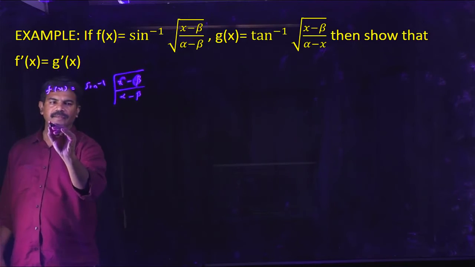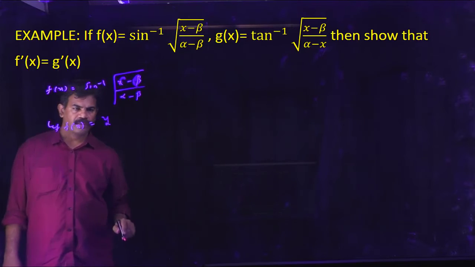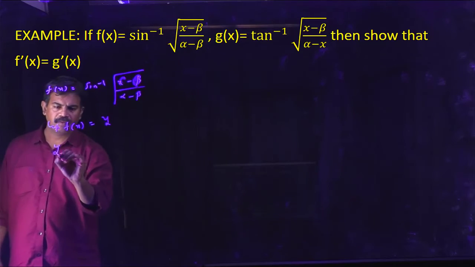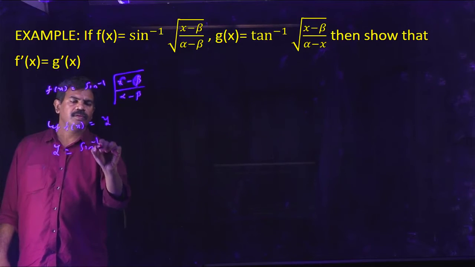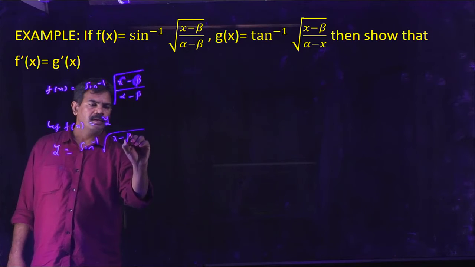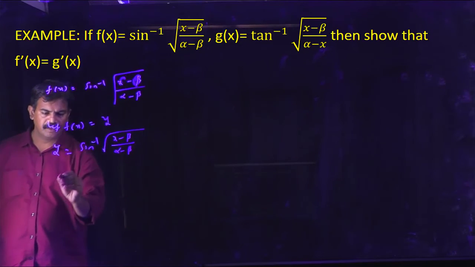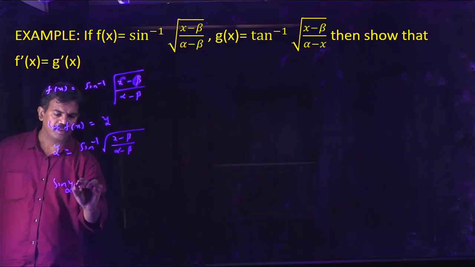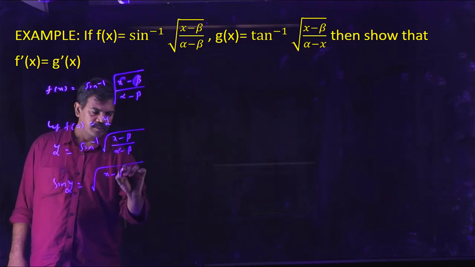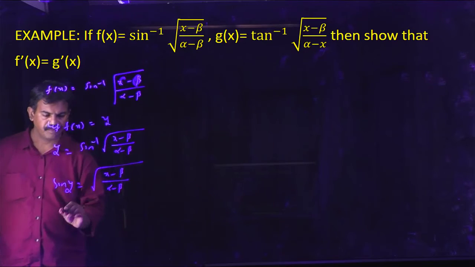So let f of x is equal to y. That is, y is equal to sin inverse of root of x minus beta by alpha minus beta. Sin this side came, that is sin y is equal to root of x minus beta by alpha minus beta.